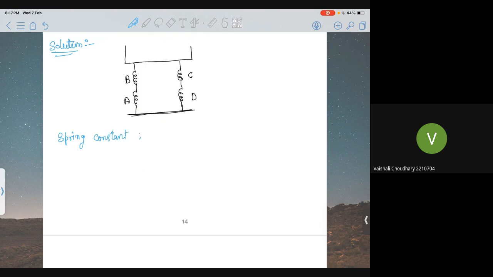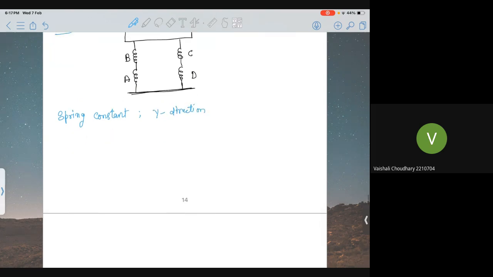And force is applied in y direction. Okay, then the spring constant for y direction is E t w cubed by l cubed.